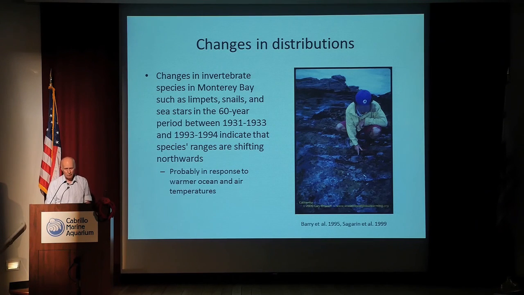Then Jim Barry and Rafe Sagarin and some others went back 60 years later, relocated those transects, and looked at the same organisms to see what changes had occurred over those 60 years.